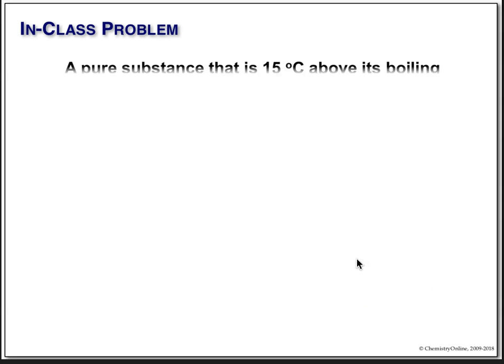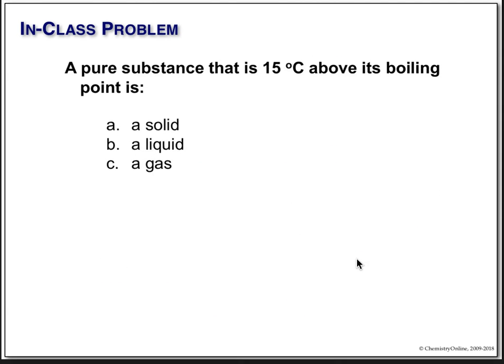Here's another little set of problems to help you with that. We have a pure substance that's 15 degrees above its boiling point. What is it? Solid, liquid, or gas? Now logically, if it's above its boiling point, it's got to be a gas, right?